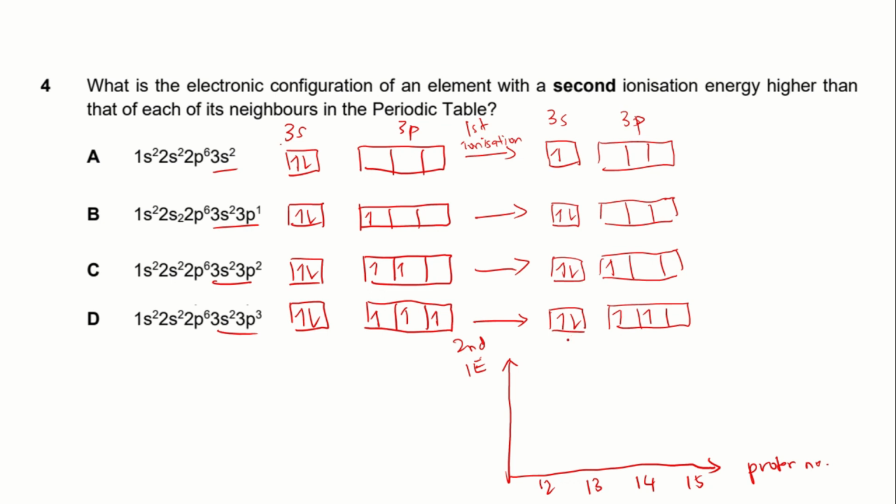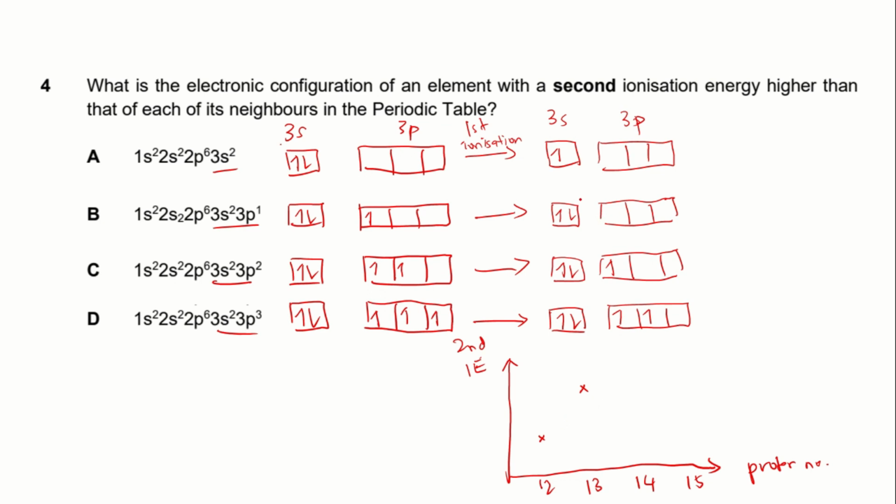Now, second ionization of A will be removing electrons from the 3s orbital. So let's say this is the second ionization energy of A. Second ionization energy of B will be higher than A. Why higher?